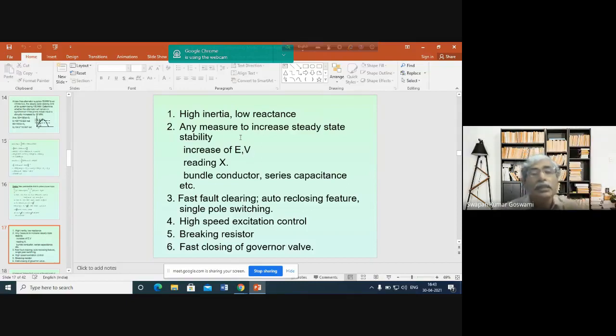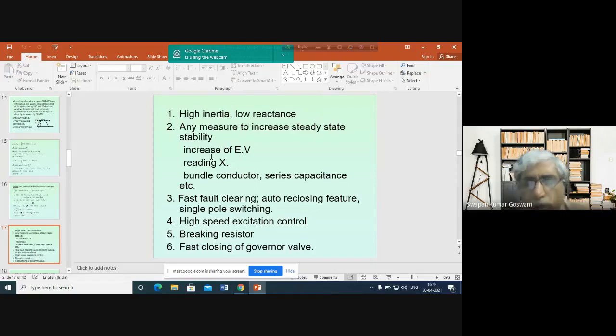That means you cannot increase the value of E to a very large value. That is limited by the operational requirement of the system. And what is the operational requirement? The operational requirement is that at the terminal of the generator, you must maintain the voltage constant.